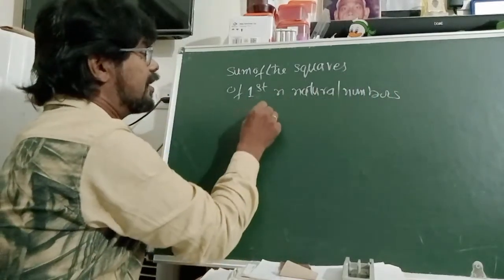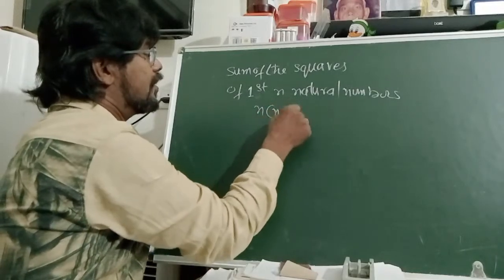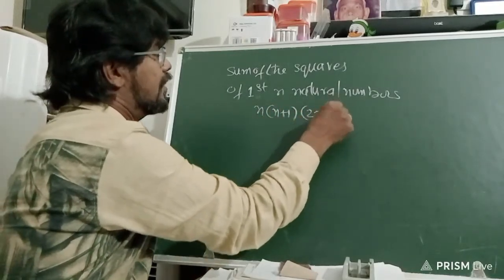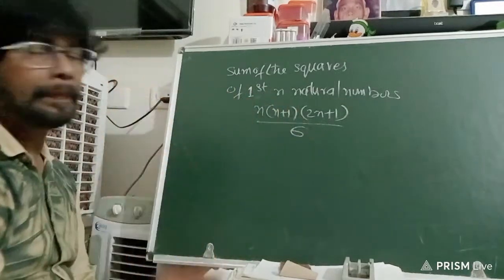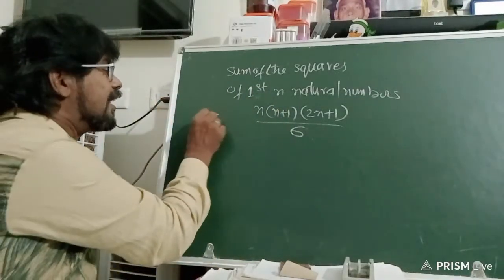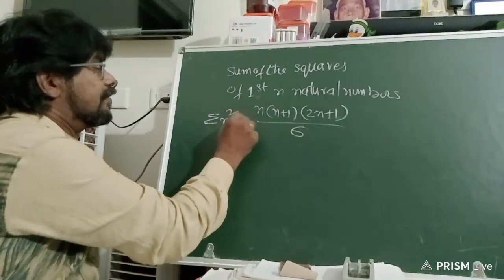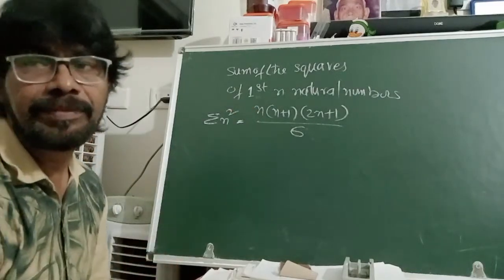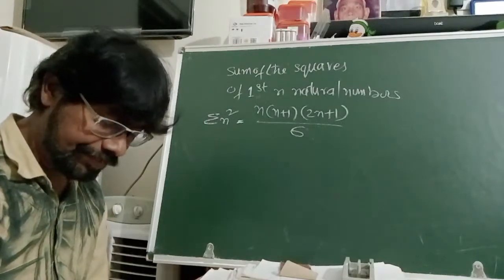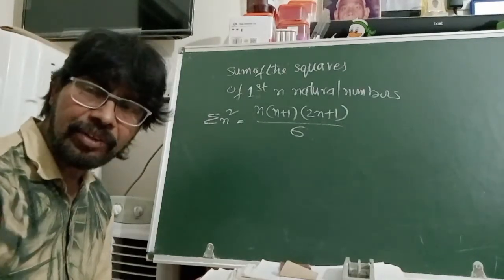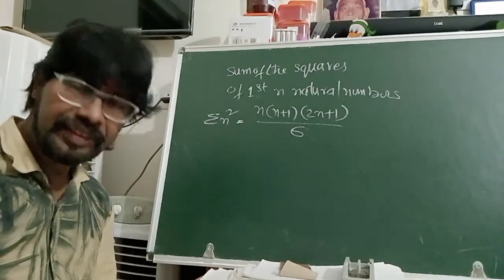Okay, n into n plus 1 into 2n plus 1 by 6. This is the formula. Then you can write sigma n square, where n is the natural number. So n into n plus 1 into 2n plus 1 by 6. That is the formula.